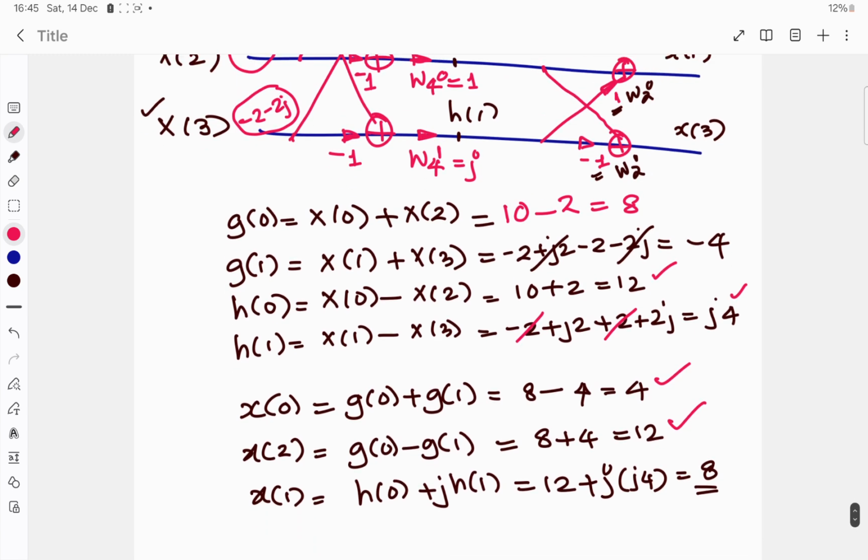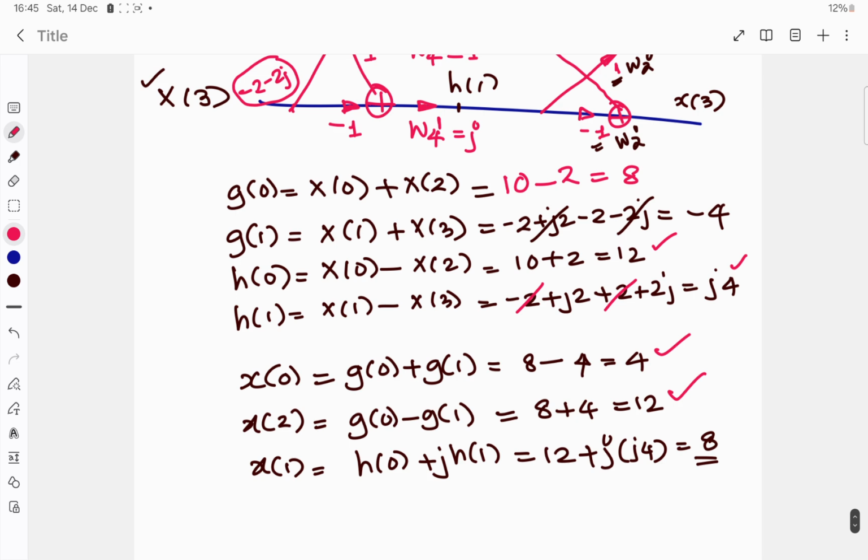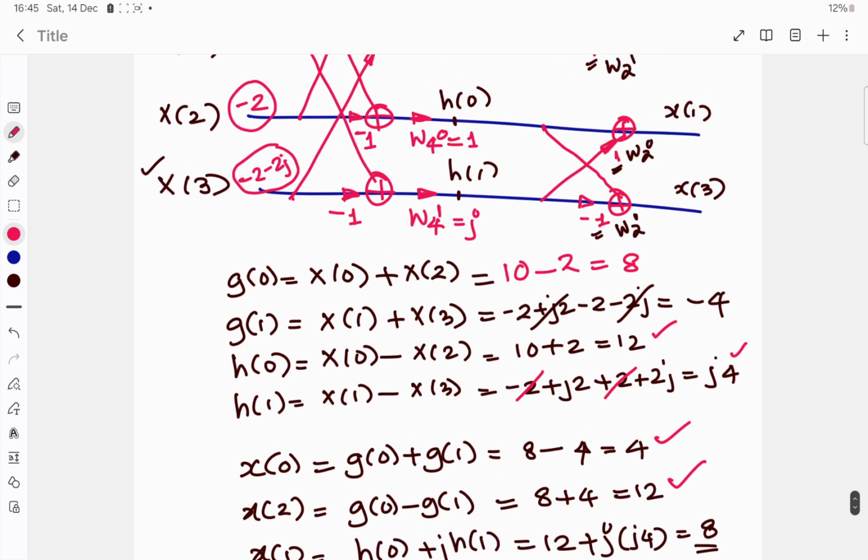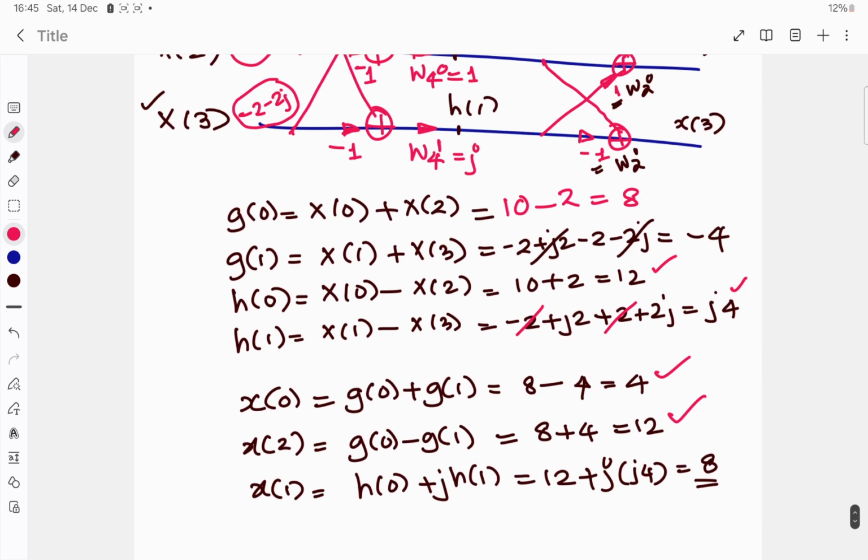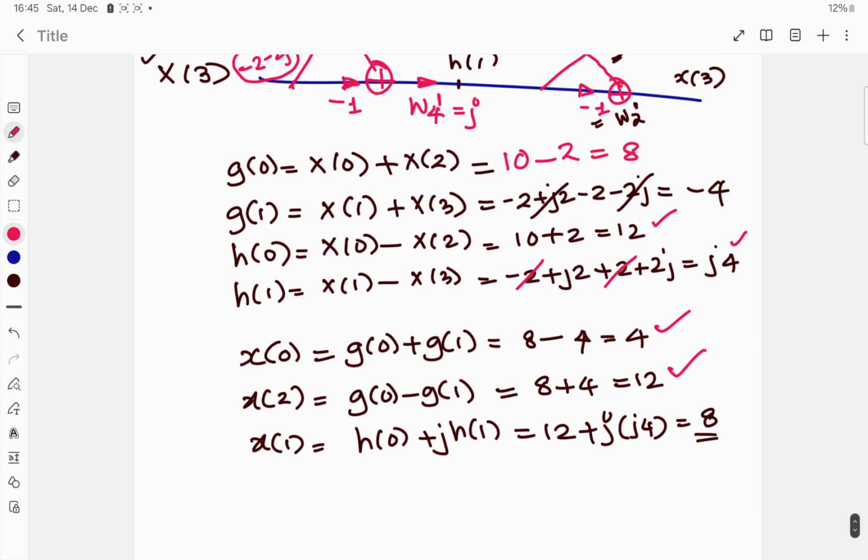So this will give you 12 plus j times j4. j times j is going to be minus 1, so in this stage, we'll have 12 minus 4. That will give you 8.